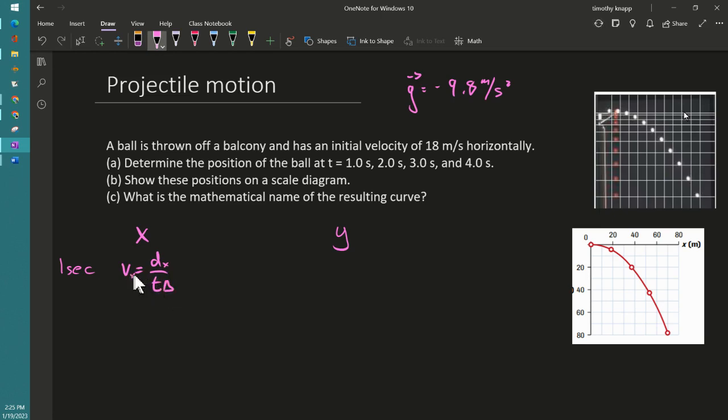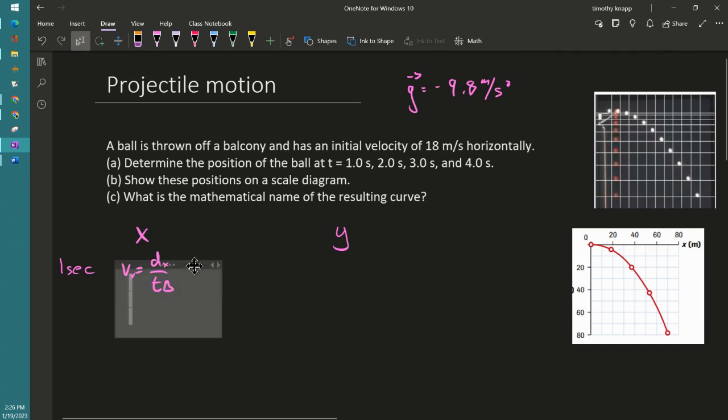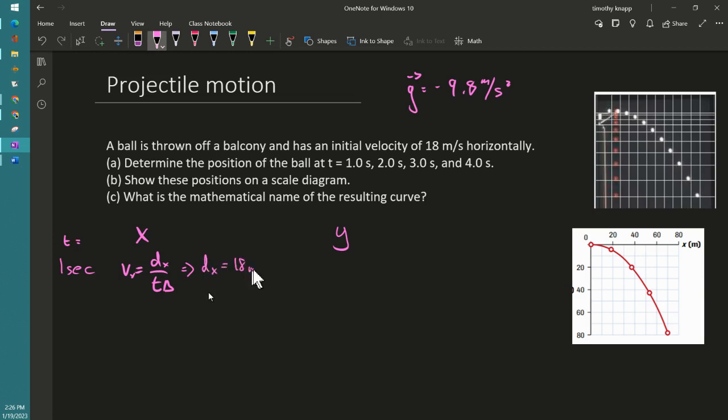And I know that the initial velocity x was 18. So if I stick an 18 for velocity in 1 second here, 18 times 1 tells me that the distance traveled is 18. So when t equals 1 second, the distance traveled in the x direction is 18.